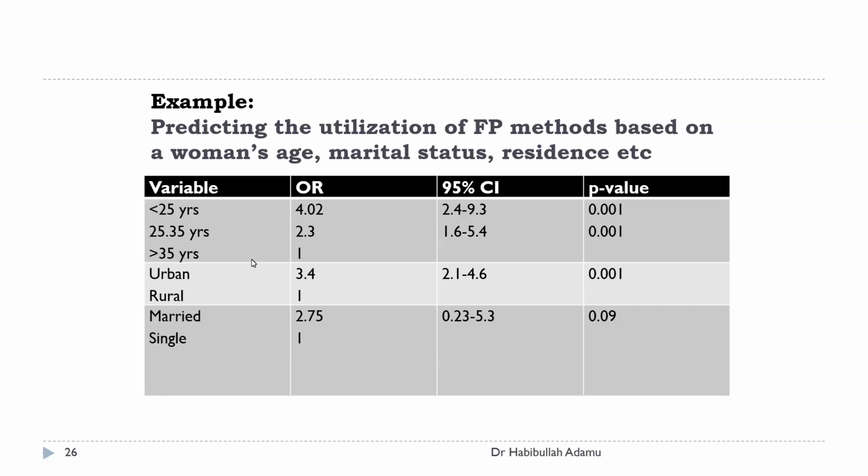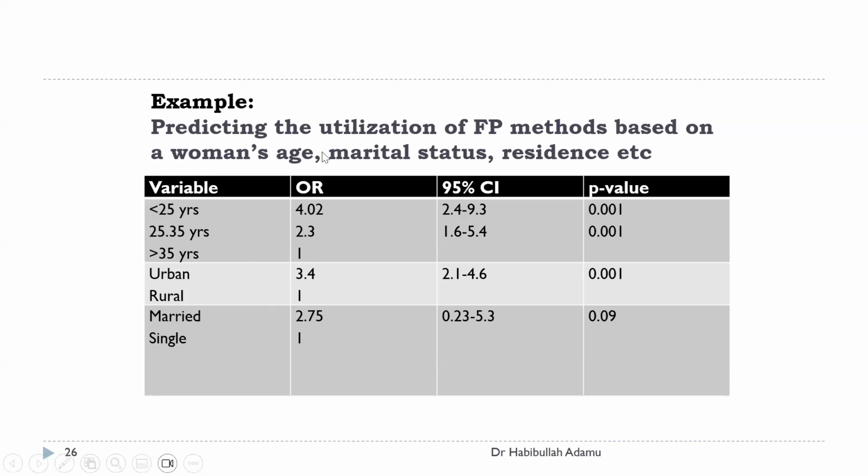Look at this example. You can see in this table, this is the result of a logistic regression that was done to look at factors that predict utilization of family planning. And 3 factors were considered: age, residence, and marital status.